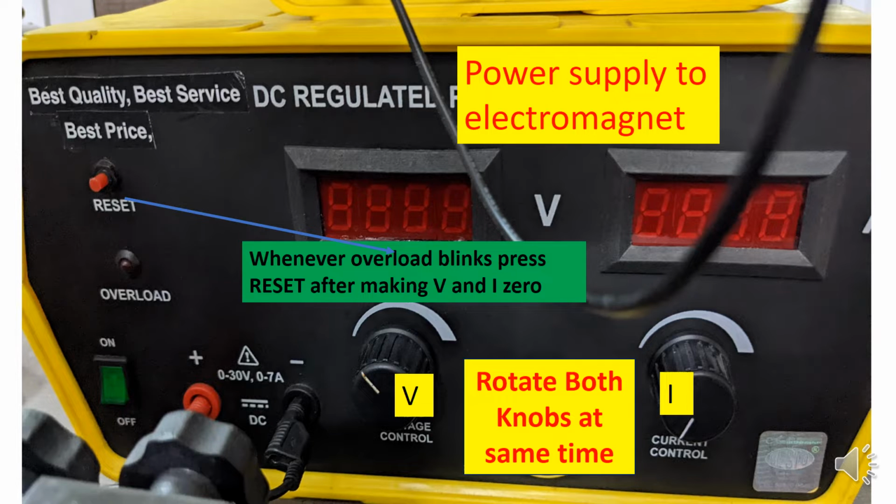Whenever overloading is there, turn the voltage and current knobs to 0, then reset it and move both the knobs slowly together to get the maximum current to the electromagnet, because maximum current will show the maximum rotation also.